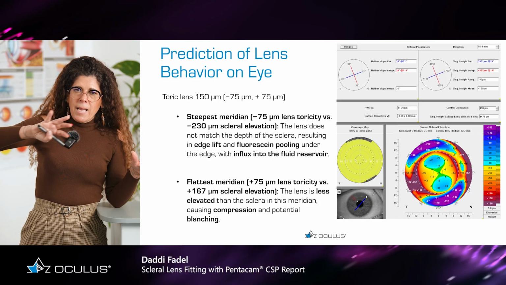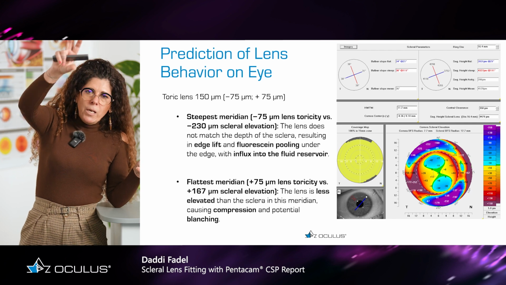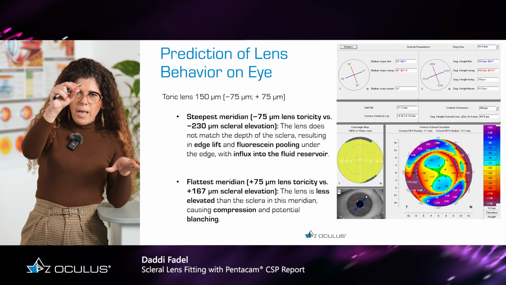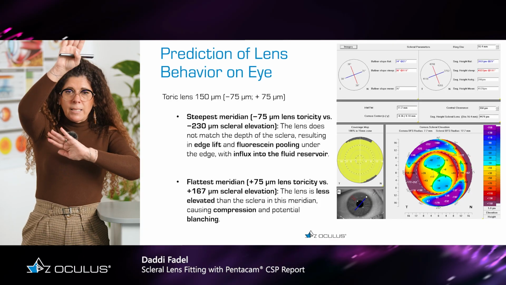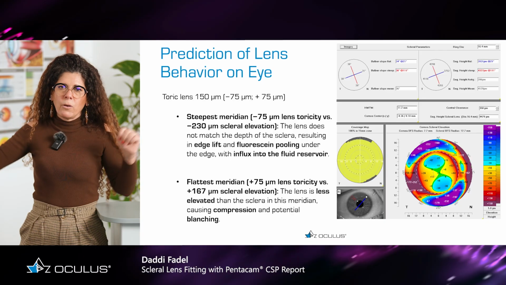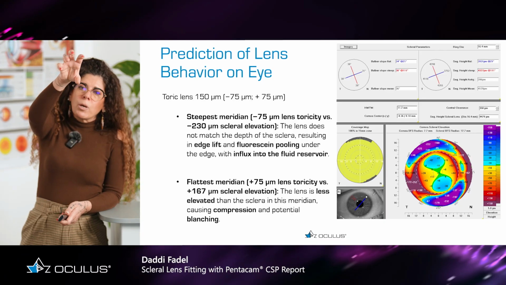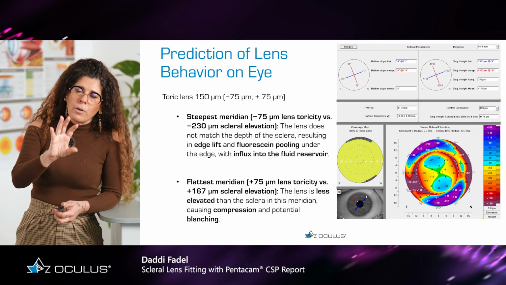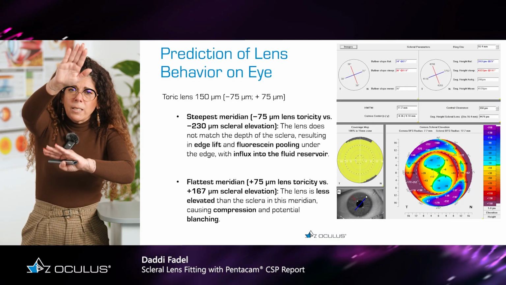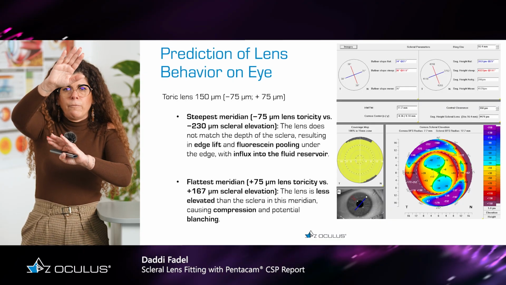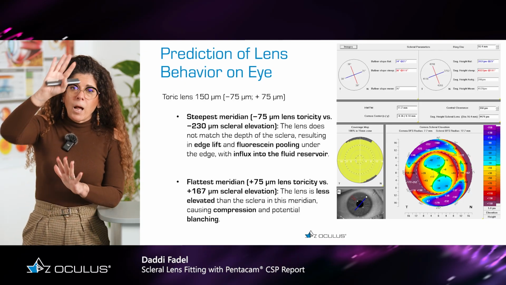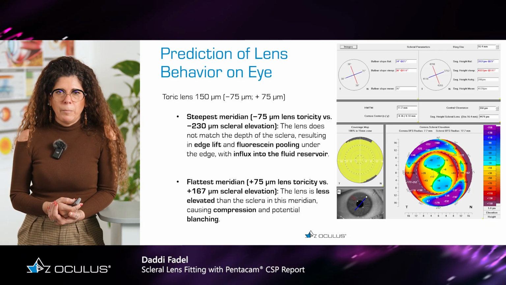Without applying any lens on the eye, you will know that the lens of your trial set will be lifting in the vertical meridian and compressing on the horizontal meridian. And more likely the lens will decenter because you don't have enough toricity, at least in the vertical meridian, to have the lens aligning with the vertical meridian.